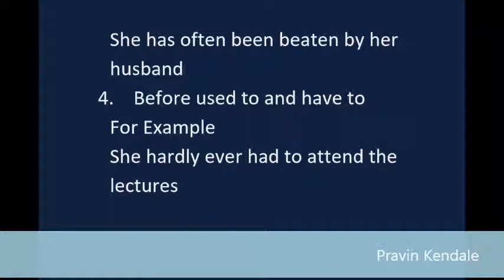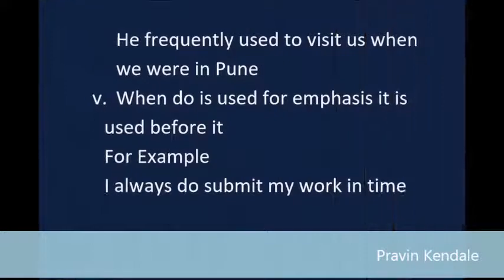Before used to and have to. For example, she hardly ever had to attend the lectures. He frequently used to visit us when we were in Pune. When do is used for emphasis, it is used before it. For example, I always do submit my work in time.